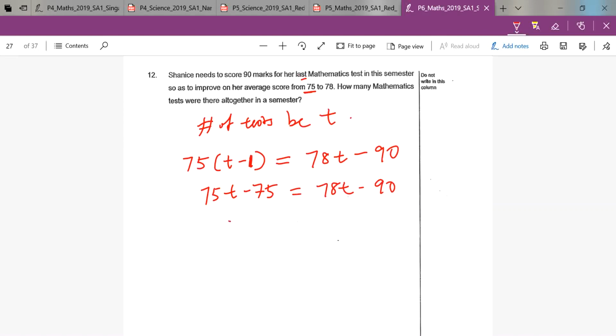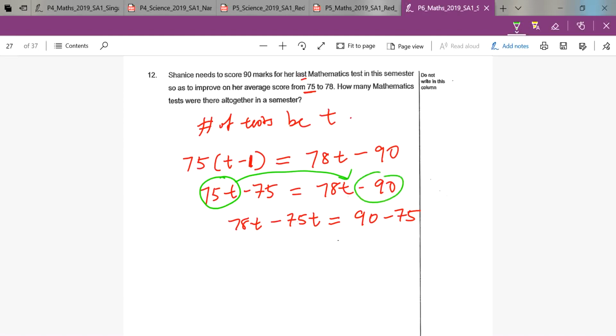So 78T minus 75T will be equals to 90 minus 75. Why? Whenever you want to make the like terms together on one side of the equation, you have to shift them. So move over, it becomes minus.